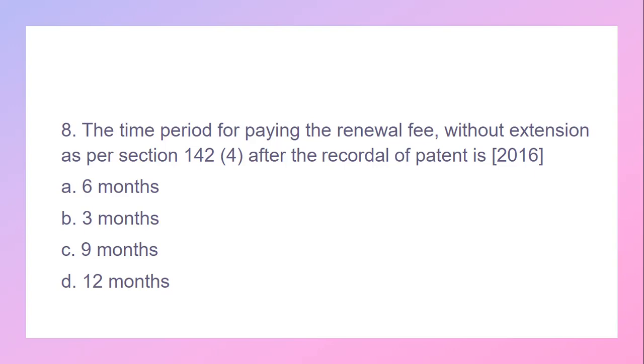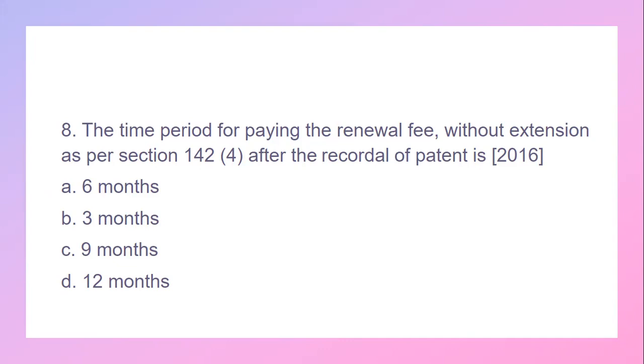Where a fee is payable in respect of filing a document, the fee has to be paid along with the document or within the prescribed time, and the document shall be deemed to not have been filed if the fee has not been paid. And 142(4) says that if a patent is granted later than 2 years from the date of filing of the application, the fee which has become due in the meantime may be paid within a period of 3 months from the date of recording of the patent in the register, or within the extended period not later than 9 months from date of recording. Okay.